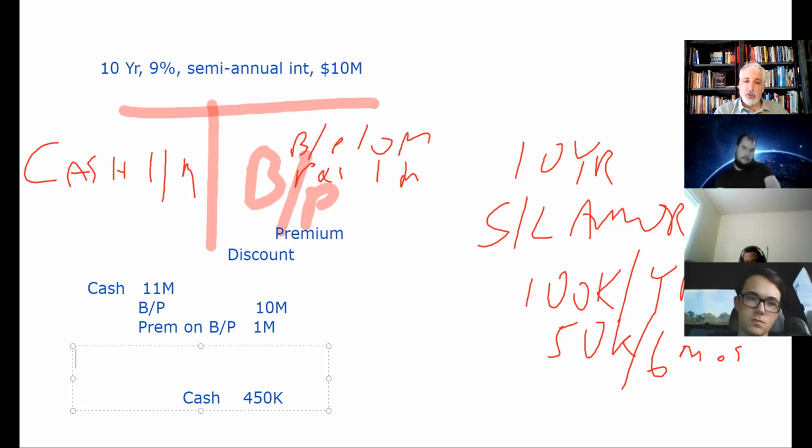Now, how much of that is interest expense? And how much of that is an amortization of my bond premium? So I'm going to debit my premium, where I credited it here for $1 million, but every year I'm going to take away how much? Oh, well, $100,000 a year, or $50,000 every 6 months. I already calculated that for you, didn't I?